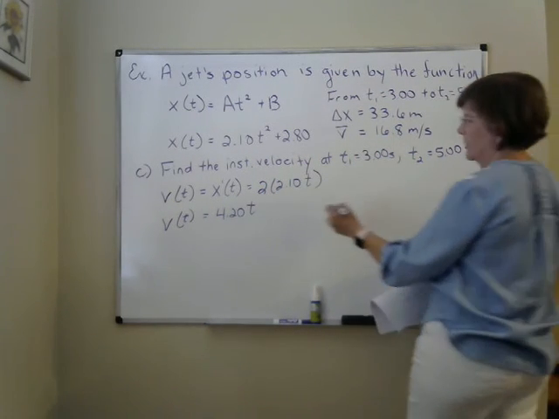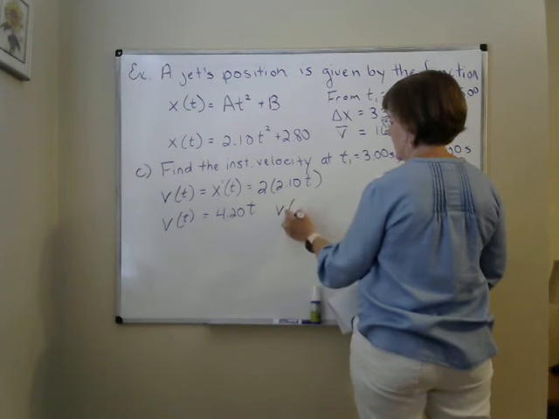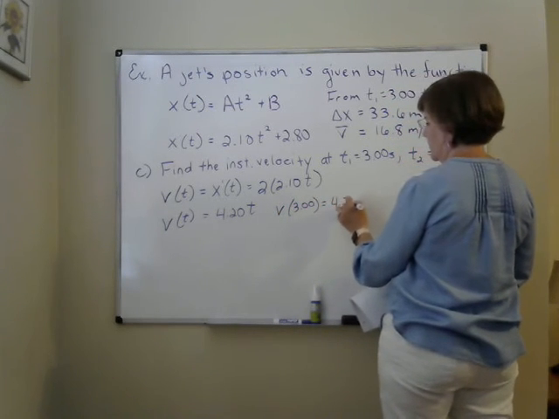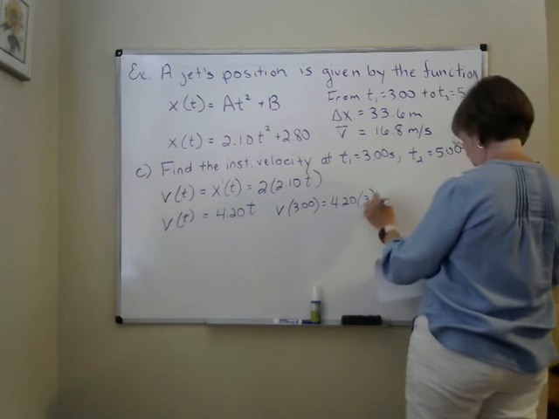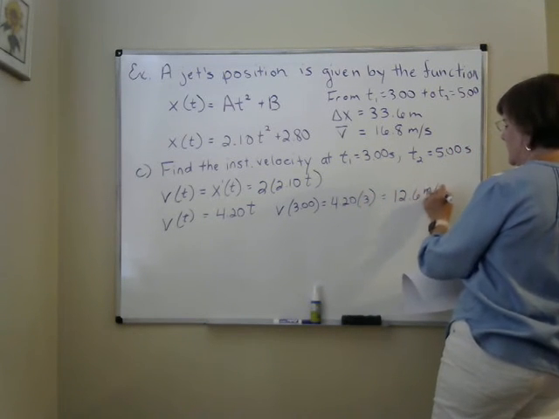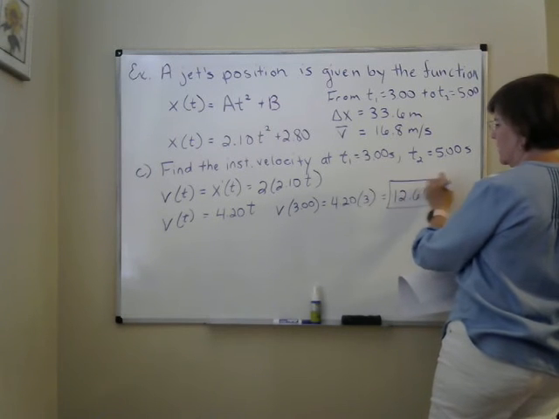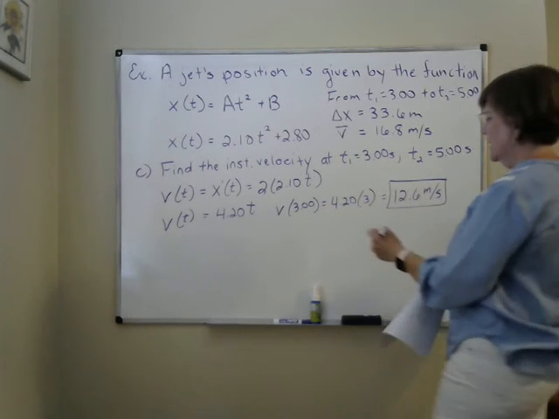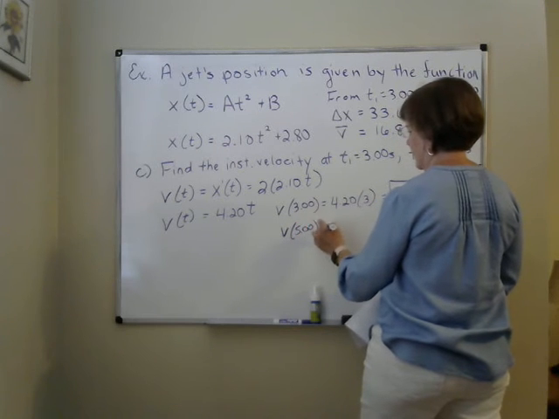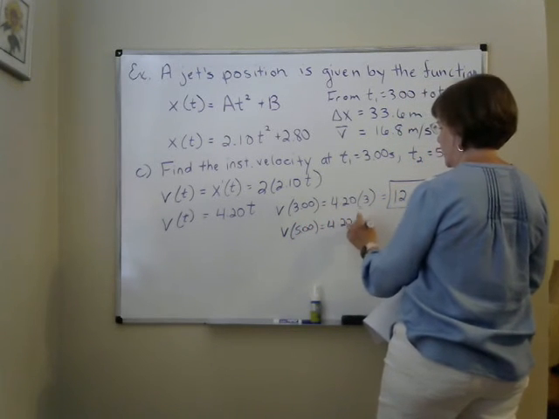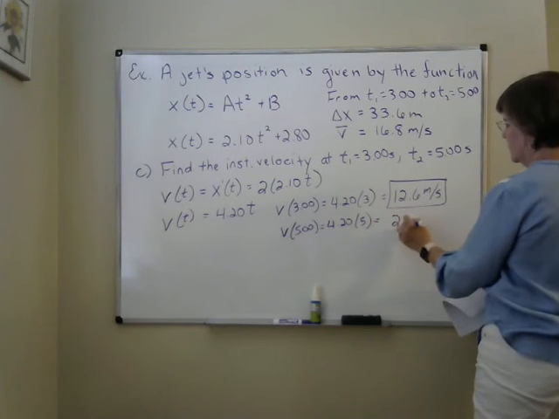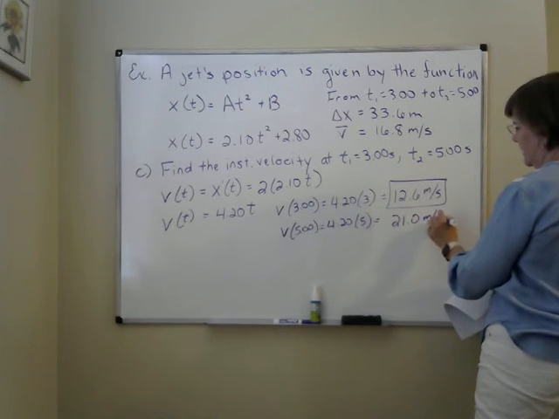If I plug in 3 seconds, I get 4.20 times 3 comes out to 12.6 meters per second. That's the velocity at 3 seconds. If I plug in 5 seconds, 4.20 times 5, it comes out to exactly 21.0 meters per second.